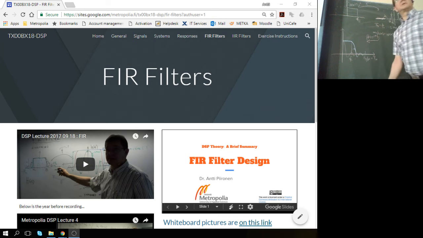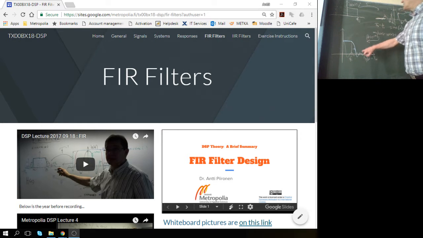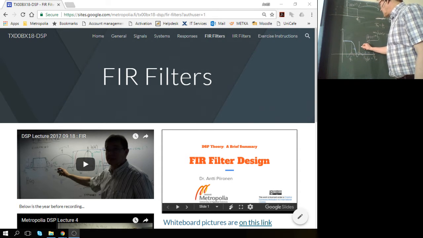So the transition bandwidth is wider, and we also get some real attenuation. This one has the infinite attenuation, here we have some normal attenuation. With a box window like that, the attenuation is roughly 20 decibels, not more than that.